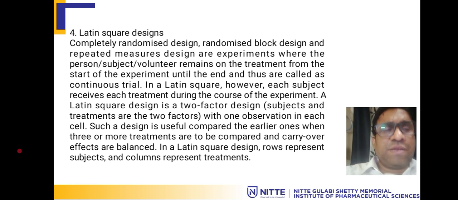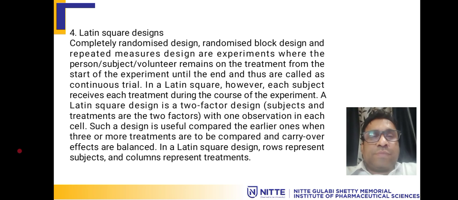Now let us study the Latin square design. Completely randomized design, randomized block, and repeated measures are experiments where the subject volunteers remain on a treatment from the start of the experiment till the end, and thus are called a continuous trial. In Latin square, however, each subject receives each treatment during the course of the experiment.